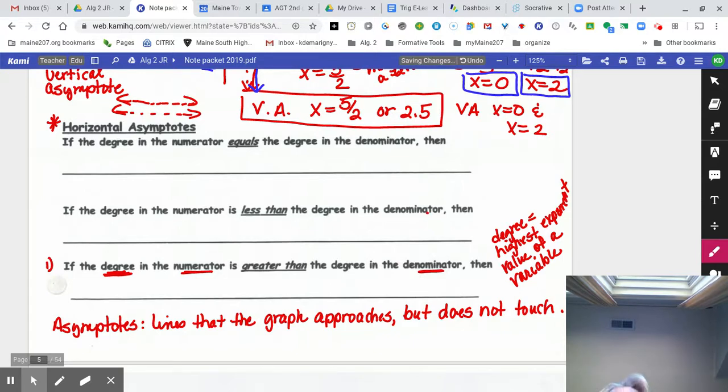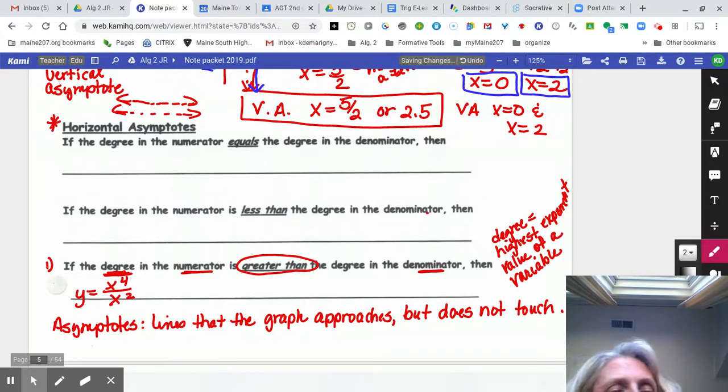I'll show you a little more about that in just a minute. If the degree of the numerator is greater than the degree in the denominator, for example, you have an equation that looks like this: x to the 4th over x to the 2nd. Do you see that your top degree is a 4 and your bottom degree is a 2?